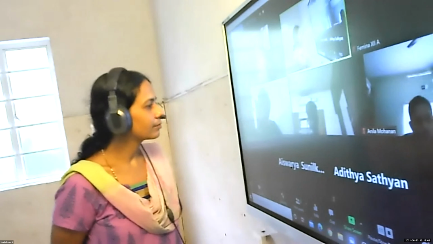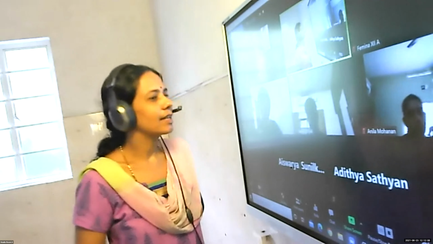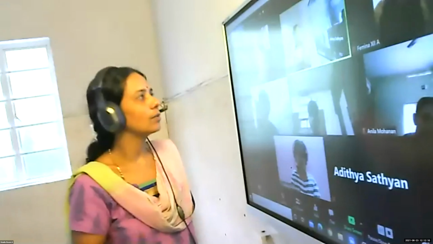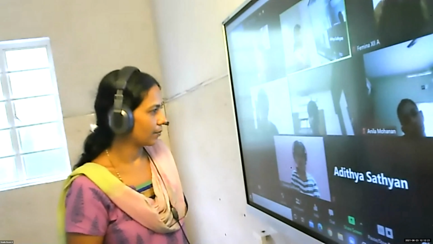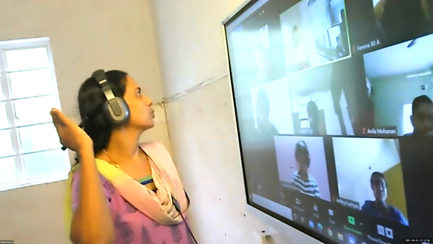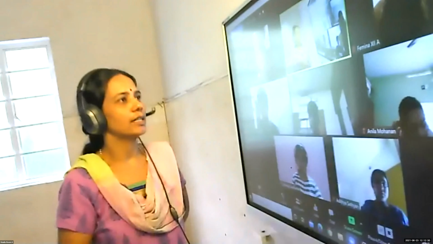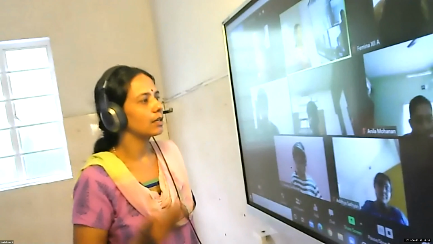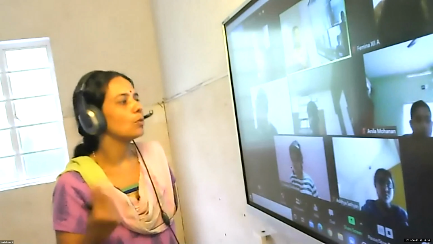At least 90 means 90 should be there or above that, greater than or equal to 90. In other words, the minimum is 90 and the maximum can be up to 100. So it should be greater than or equal to 90. At least 90, so we want 90 or more.